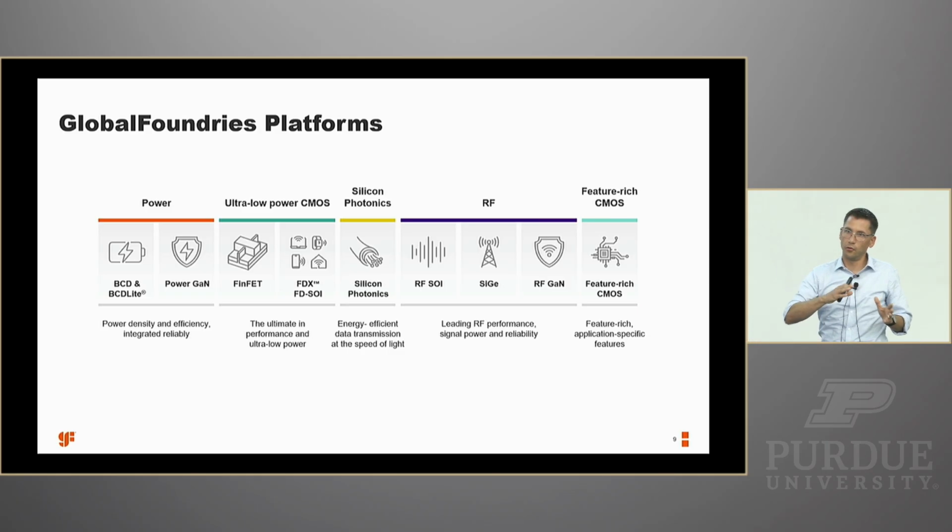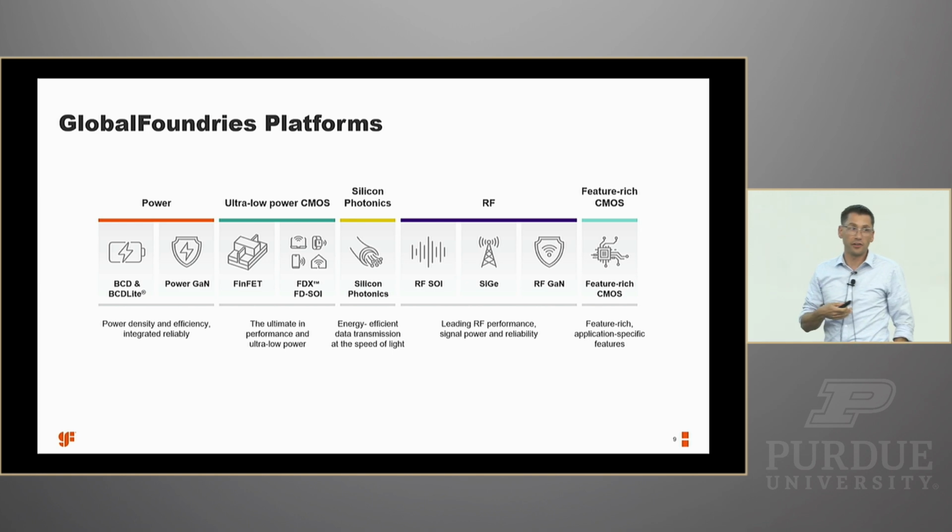Something I didn't bring up before is if we look at the history of GlobalFoundries, and even before when I was part of IBM, we were always going to the next leading edge technology, right? Going down node to node to node. In 2018, GlobalFoundries made the decision to focus on differentiated technologies. So instead of trying to keep going down node to node, it's how do we add value onto the technologies we have and make differentiated technologies on more mature process nodes.